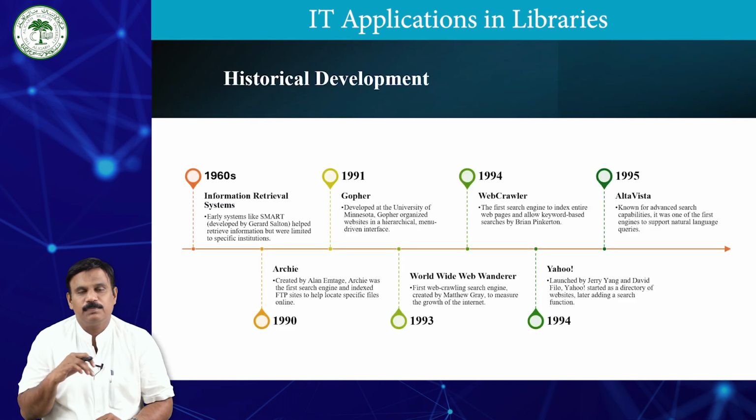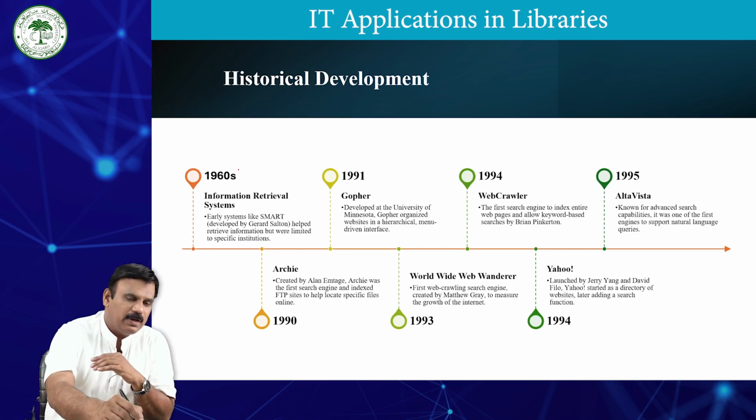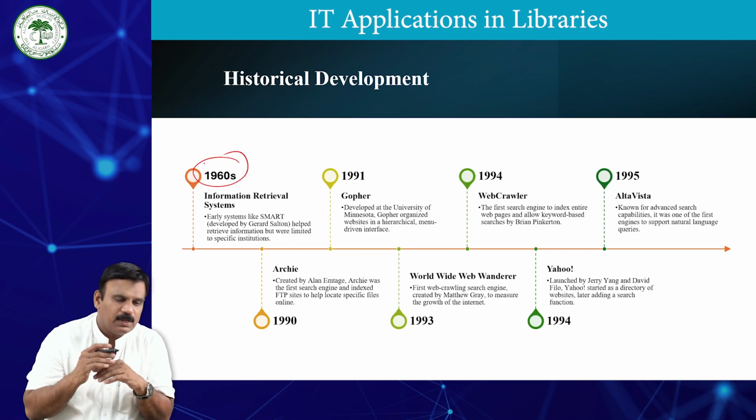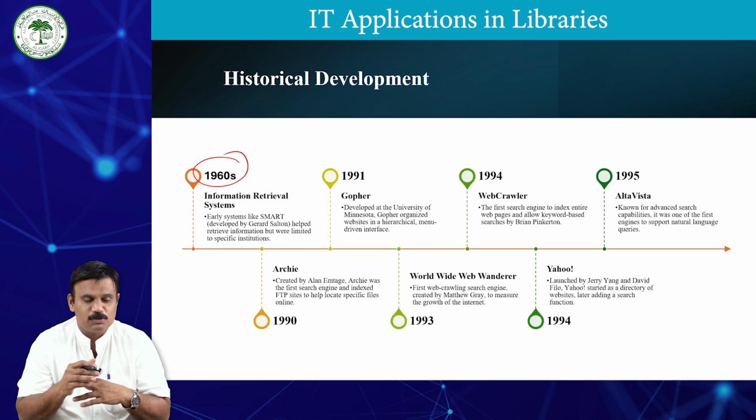Yes, learners, if you think about the history of search engines, we have to go back to the 1960s, where the information retrieval system known as SMART was developed by Gerard Salton, which helped to retrieve information but was limited to specific institutions.